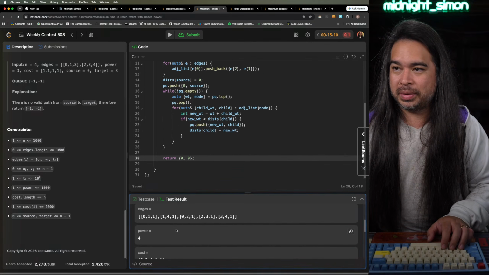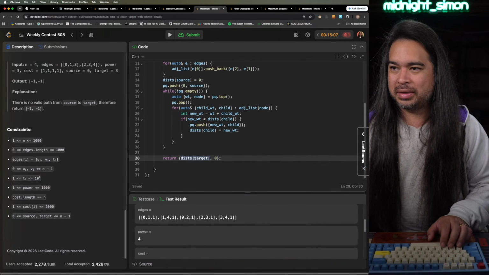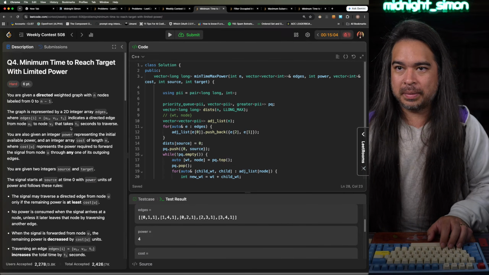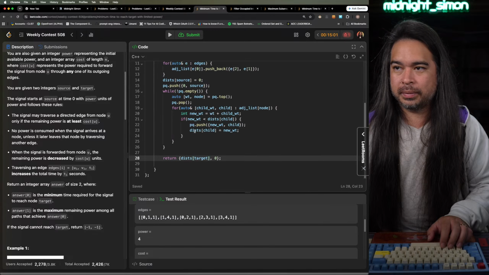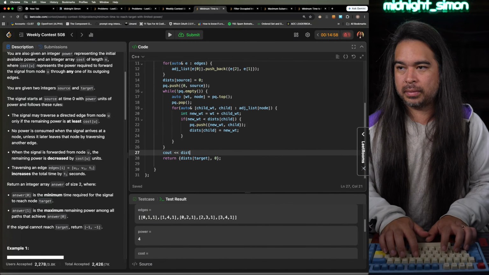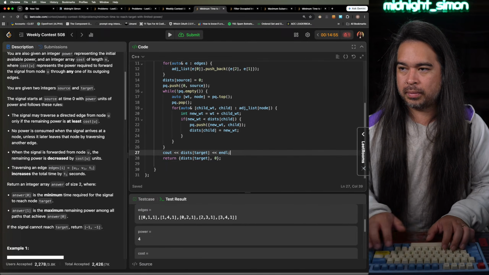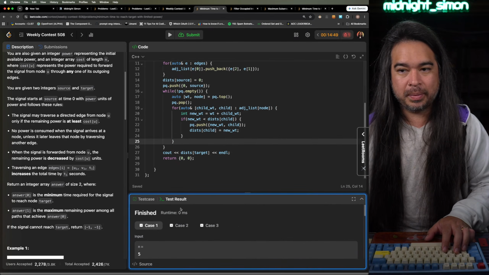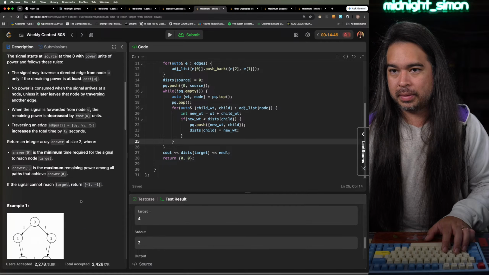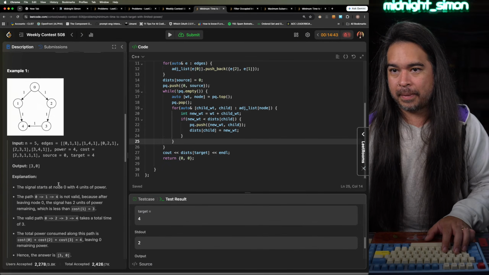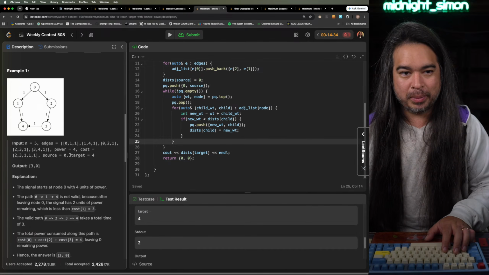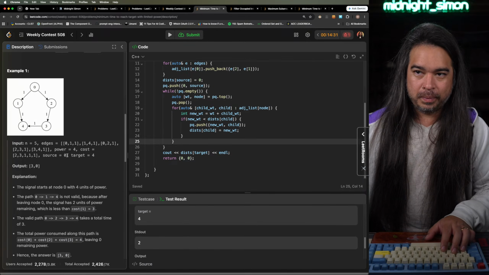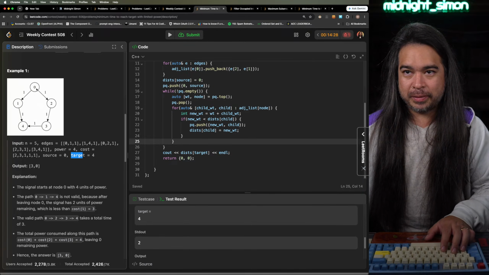I'm not sure what's happening. What is going on here? His answer is 3. Maybe I'm not good enough for this problem right now. Target 4, start from 0.